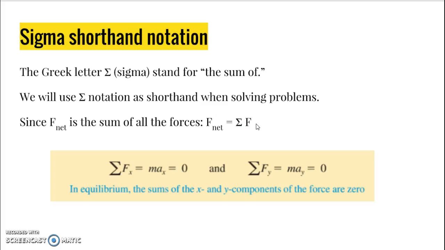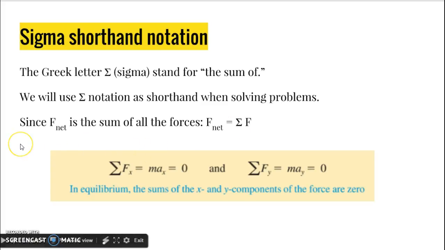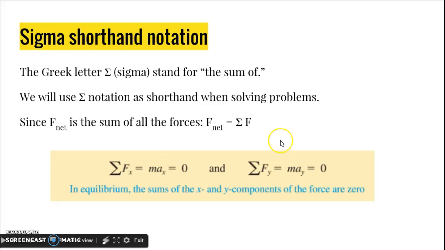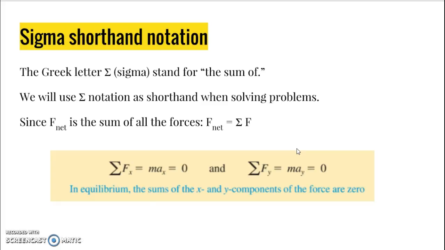If we apply the x and y components to equilibrium, the sum of the forces in the x direction is mass times acceleration in the x direction, and in this case that acceleration is zero, so the sum of forces in x is zero. We have the same thing for the y direction: the sum of the forces in y is mass times acceleration in y, which is equal to zero. So in equilibrium, the sum of the x and y components of the force are zero.